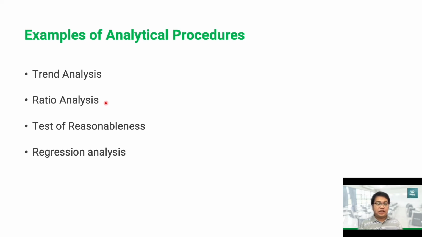So that is ratio analysis, okay? Or the turnover of sales, by comparing the amount reported as sales and the average receivables of the client, or average inventory of the client in case of inventory turnover. So that is ratio analysis.